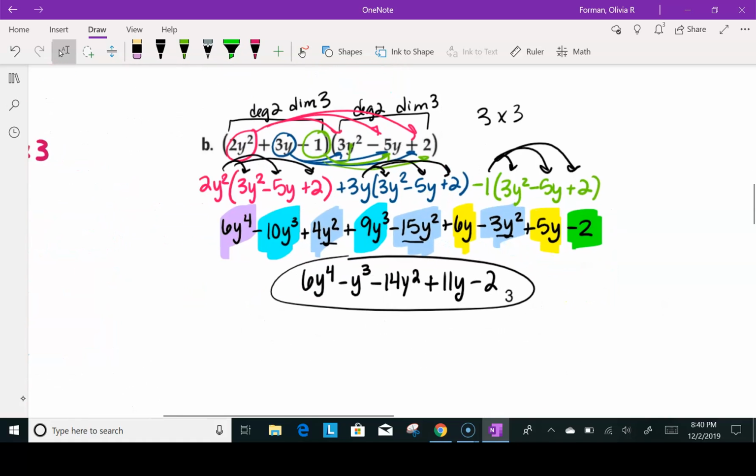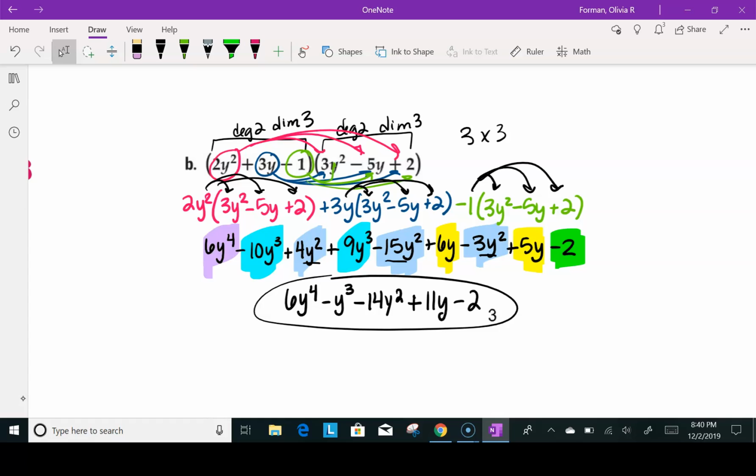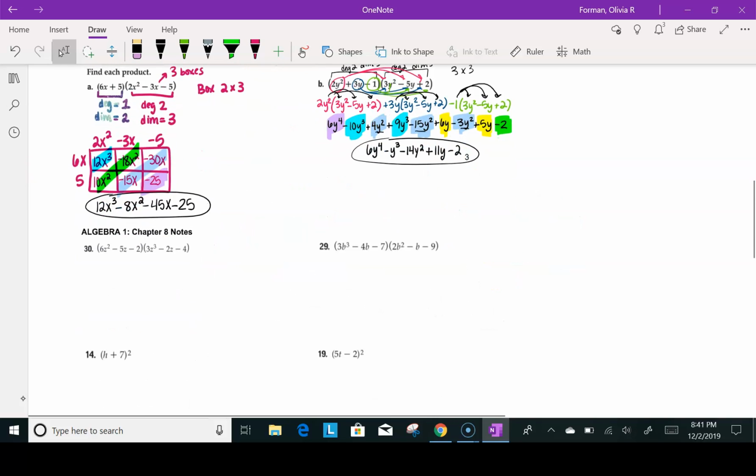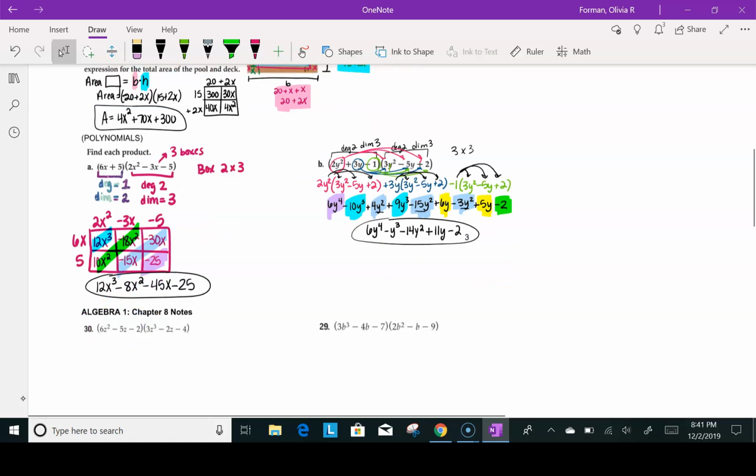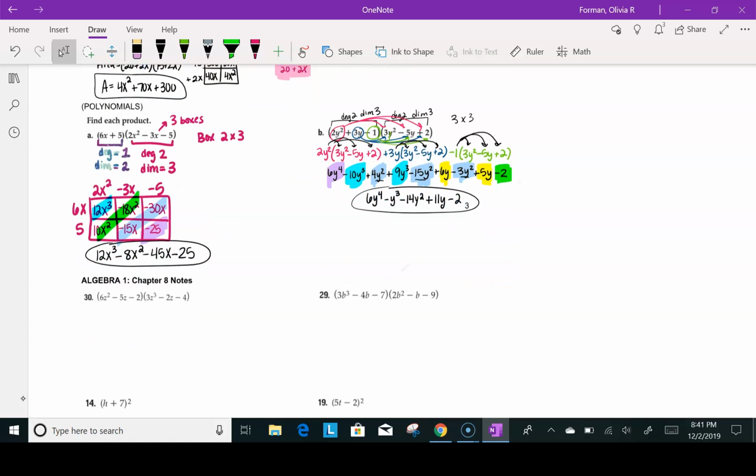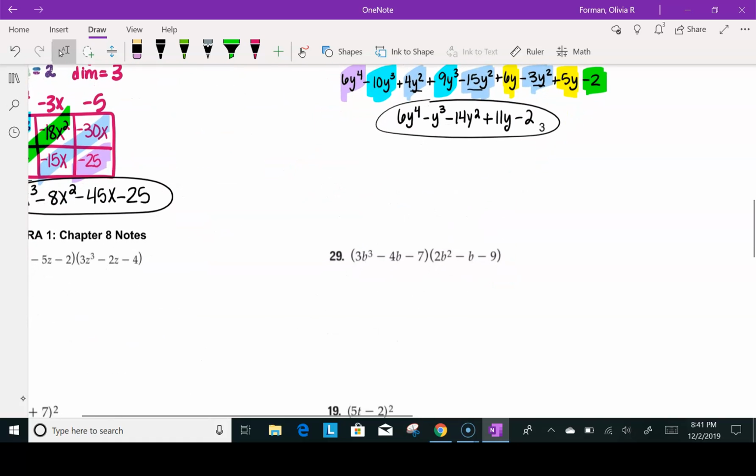Okay? There's a lot going on there. Take it step by step. Take each term of the first polynomial times the second polynomial and then simplify it. And then you combine your like terms. So, move on now then into the back.